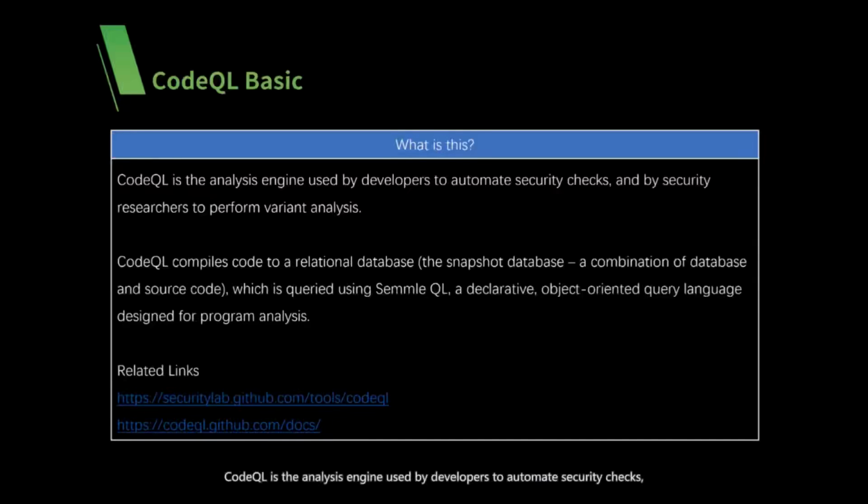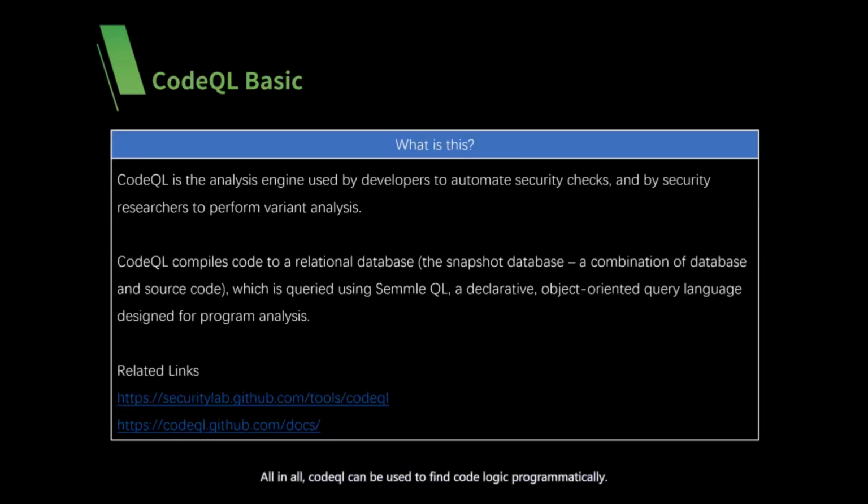CodeQL is an analysis engine used by developers to automate security checks, and by security researchers to perform variant analysis. CodeQL compares code to a relational database, which is queried using QL, a declarative, object-oriented query language designed for program analysis.